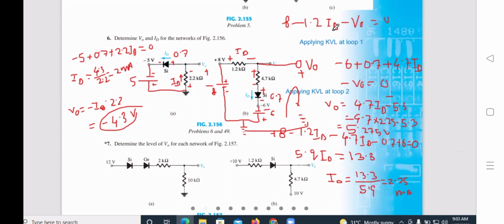So VO equals to 8 minus 1.2 ID. If you calculate, you will get the same value, 5.275 volt. So from any side you can come, you will get the same result.